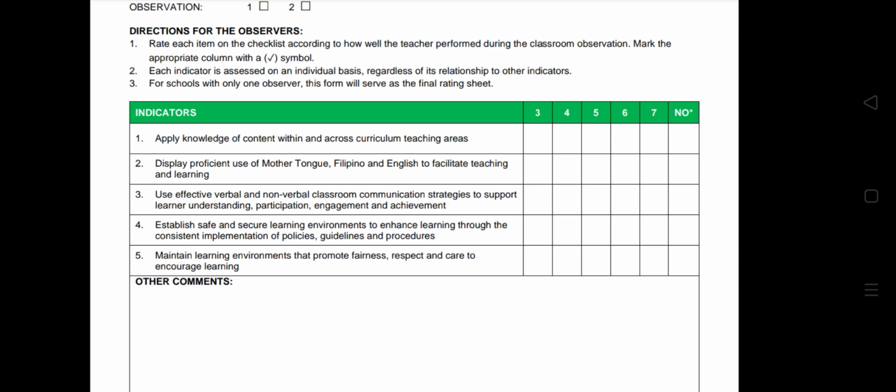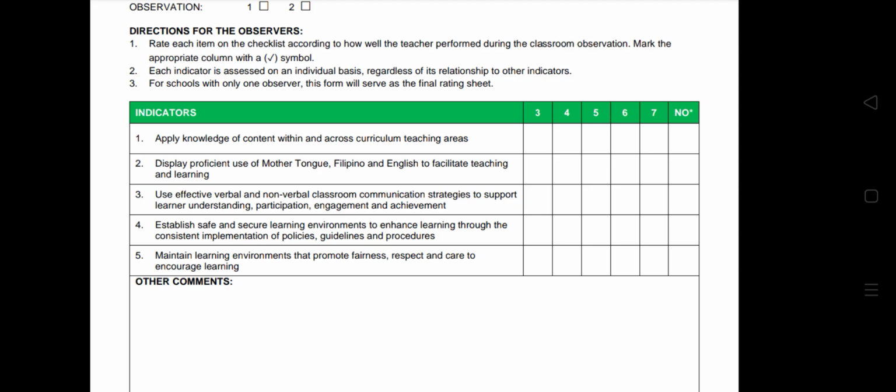Okay? Pag nagbigay kami ng 3, meaning may nakita kaming minor content errors. Minor content errors ang nakita namin sa inyong mga kapaguro.